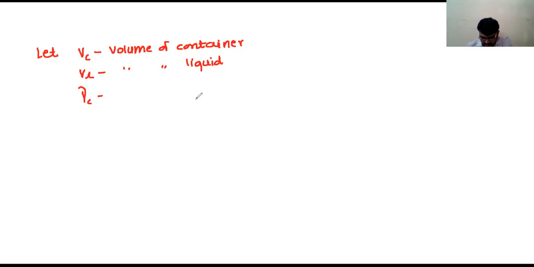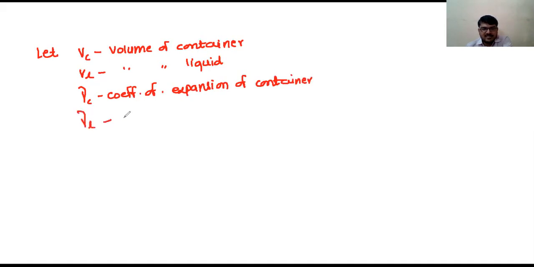What is gamma c? Coefficient of expansion of container. And gamma L. You know what is this? Coefficient of expansion of liquid, which we have filled in that container.